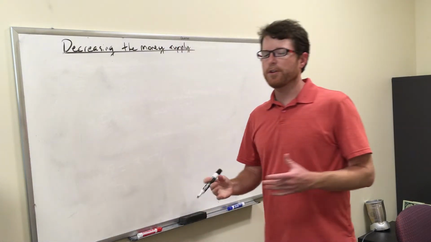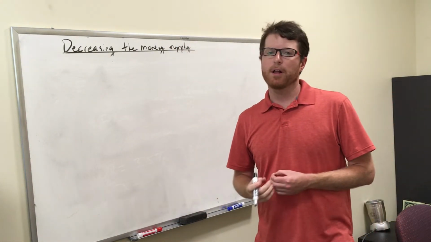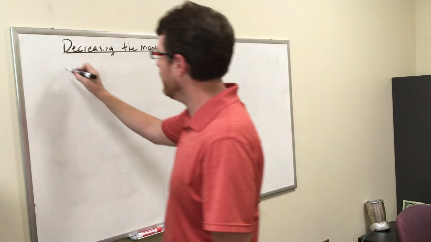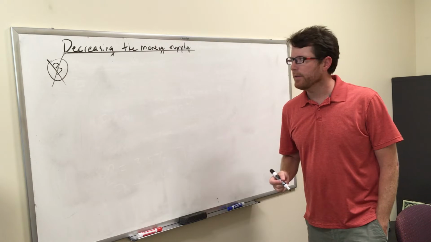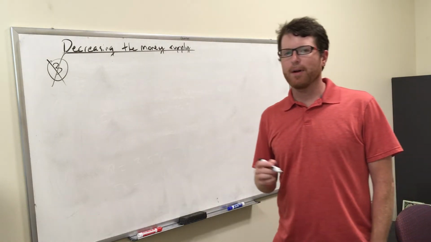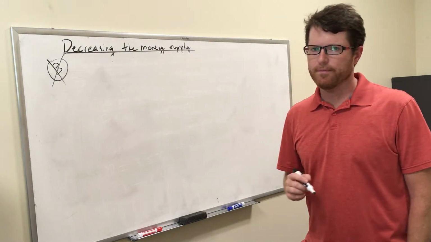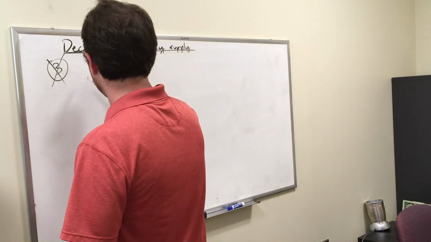Okay, the third thing we talked about when we were talking about increasing the money supply is the discount rate. And so I'm going to talk about this one now, but I'm going to put an X through it. This one doesn't work. You can't really decrease the money supply by adjusting the discount rate. Okay? So let me give you an example of why this doesn't work.